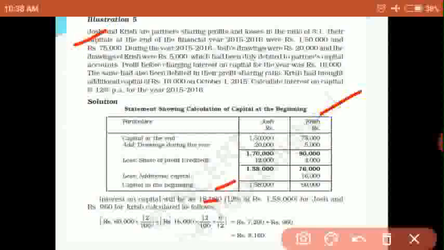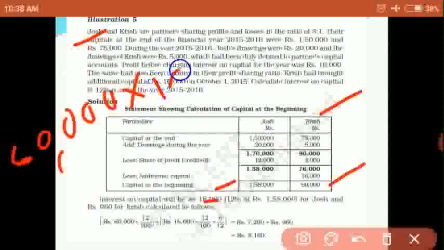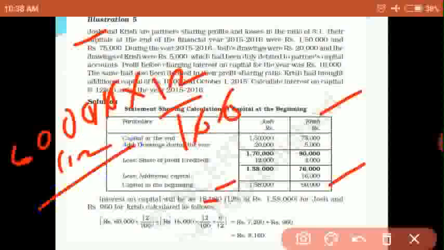Next, Krish. Krish's opening capital is what? 60,000 into 12% is equal to what? 12 sixes are 72, so 7,200 for opening capital.